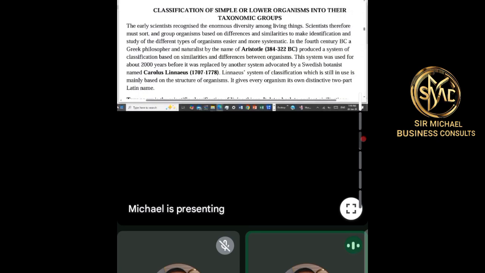Each organism will have two names, though some will have three because of subspecies. But at least it is two for most. That is what Carolus Linnaeus wrote.